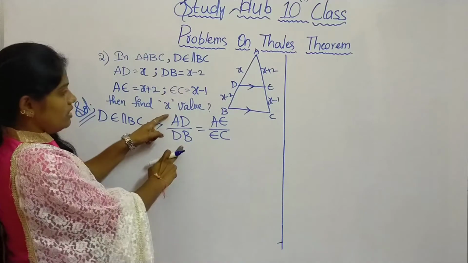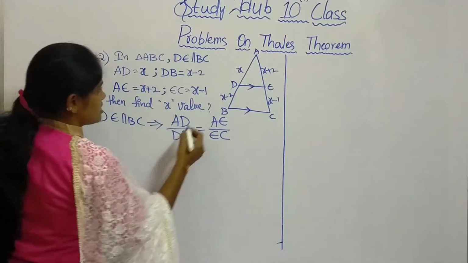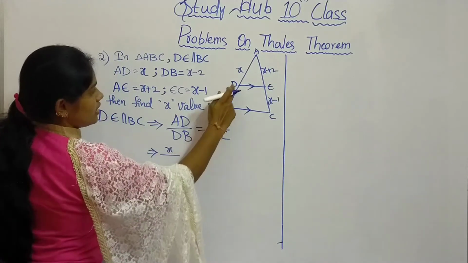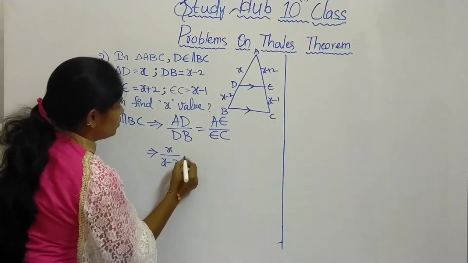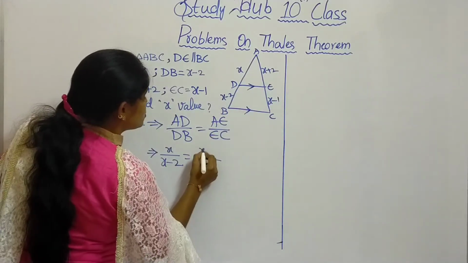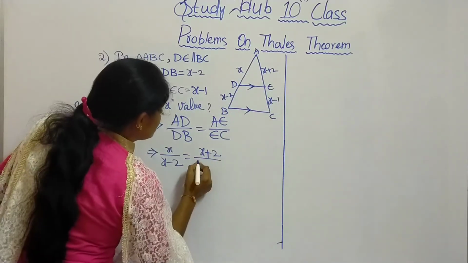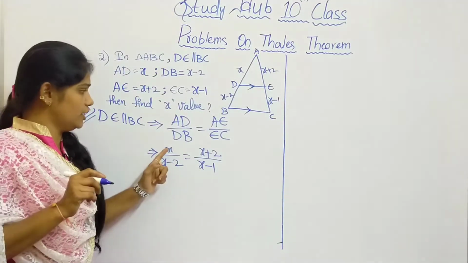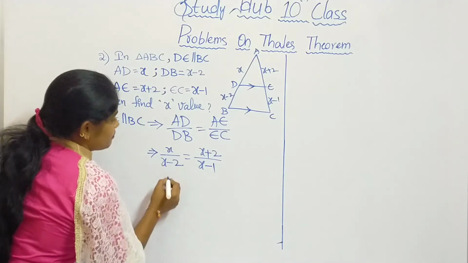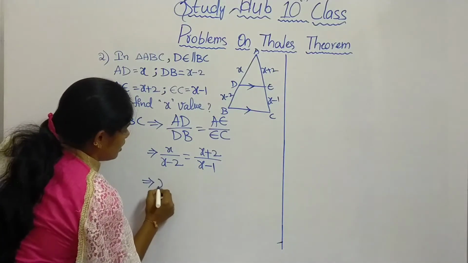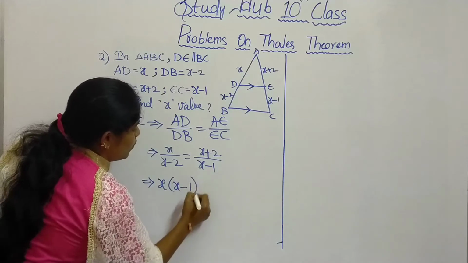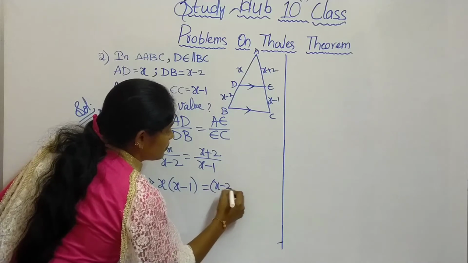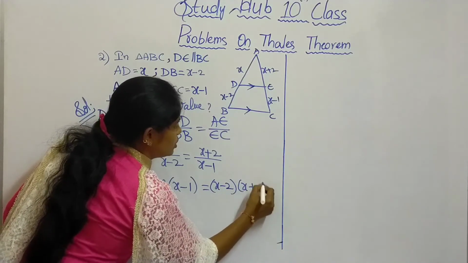Now let us substitute the values of AD, DB, AE and EC. The value of AD is x, DB is x minus 2, AE is x plus 2 and EC is x minus 1. Then for finding the value of x, we need to do cross multiplication. x into x minus 1 is equal to x minus 2 into x plus 2.